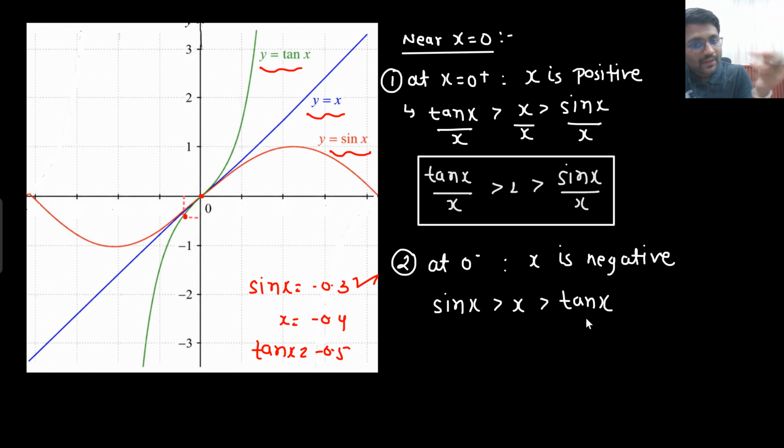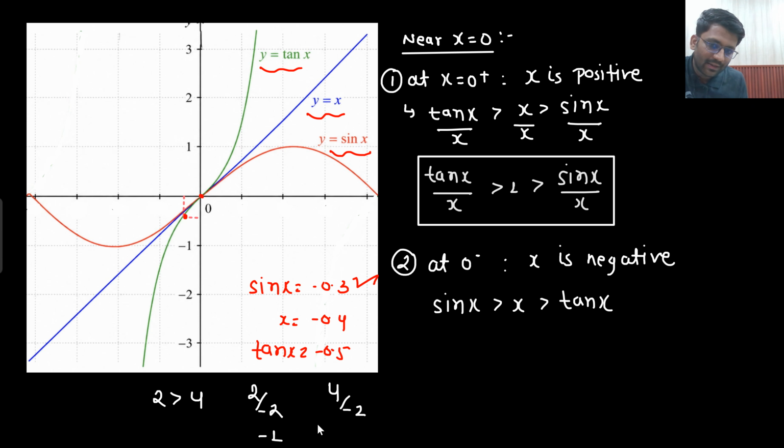Now I will divide by x everywhere. So if I divide by x, what will happen? The sign will change. Why is that so? If 4 is greater than 2, and let's say I am dividing by minus 2, what will happen? 4 divided by minus 2 gives minus 2, and 2 divided by minus 2 gives minus 1.